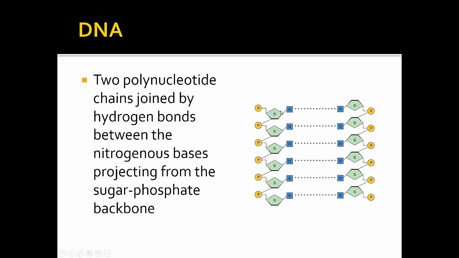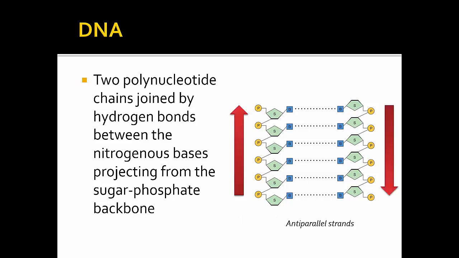So the nitrogenous bases link together and form kind of this ladder pattern, with the rungs being the bases and the rails being the phosphate sugar backbone. These strands are organized in anti-parallel conformation. That basically means, and you can see it here, that one points up and one points down.